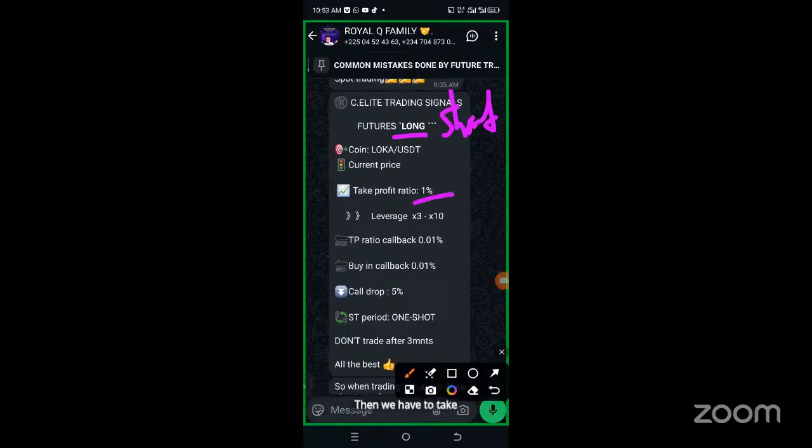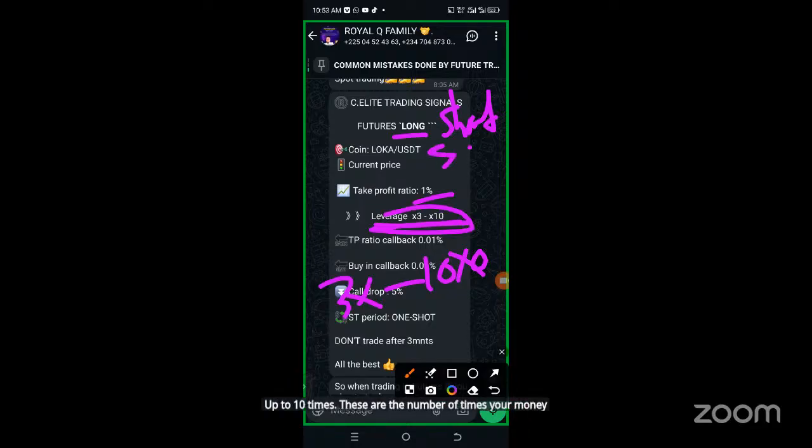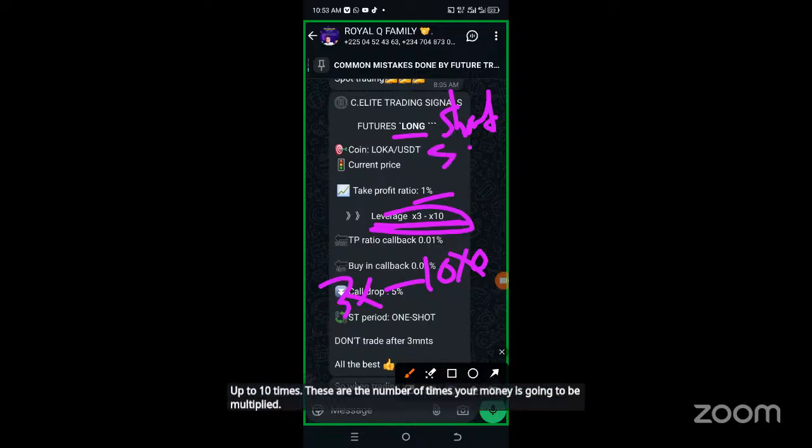Then we have to take a profit. This one we have already saved. Then we have average. They are telling you that this average is in between 3 times up to 10 times. These are the number of times your first buying amount is going to be multiplied, the money that you are putting in the market.